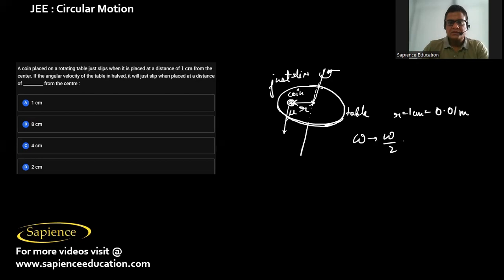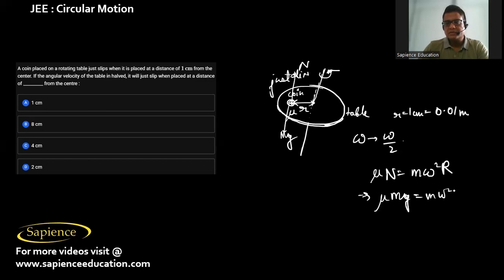So here actually the normal reaction is mg, and the friction, that is mu N, is equal to m omega square r. So here mu N is equal to mu mg, so mu mg equals m omega square r.